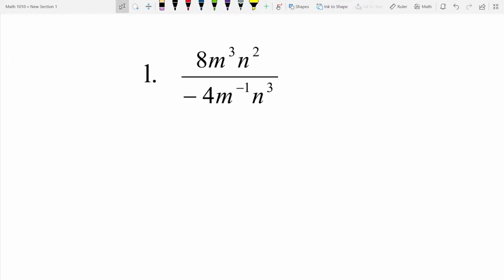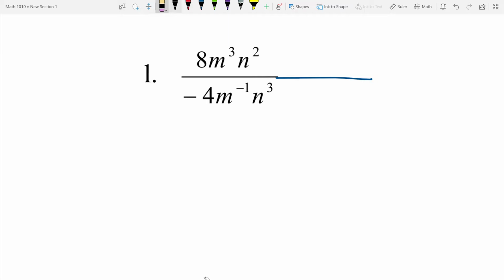Okay, here we go. Watch me. Will you watch? Just look up. Watch. Negative 4 comes up and becomes a 4. M to the negative first comes up and becomes a first. Right or wrong? That's wrong. Very common mistake. What's wrong with that? The 4, that negative 4 on the bottom, guys, look, it does not have a negative exponent.